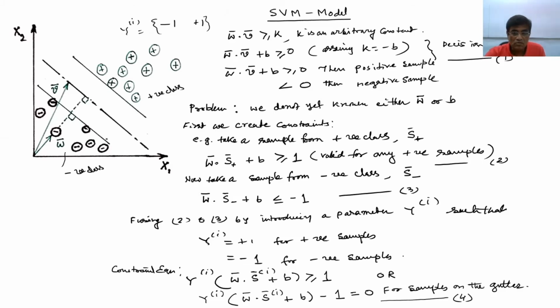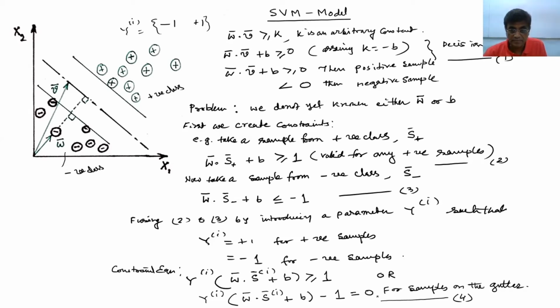Because now whoever is actually 0, they may not belong to any class, but they can belong on the border. At the boundary of the positive class and the boundary of the negative class, those samples, when they are on the border, must obey this constraint.